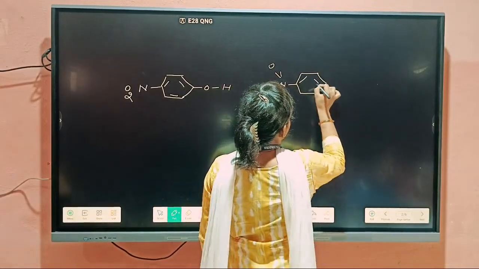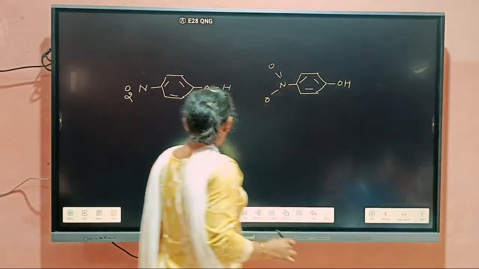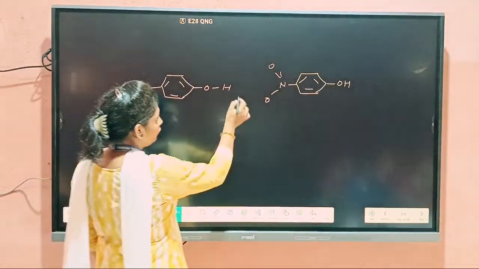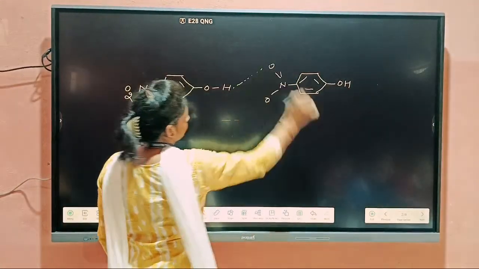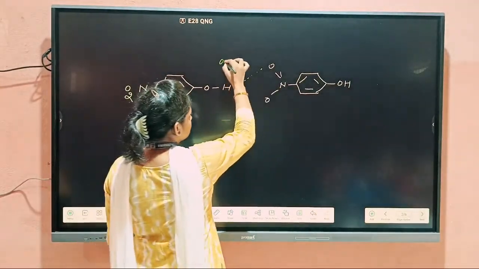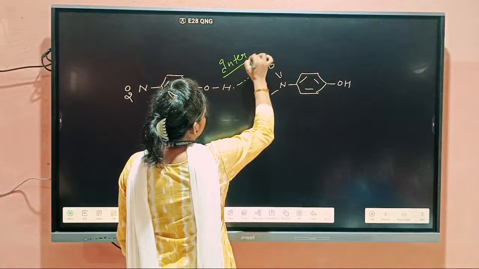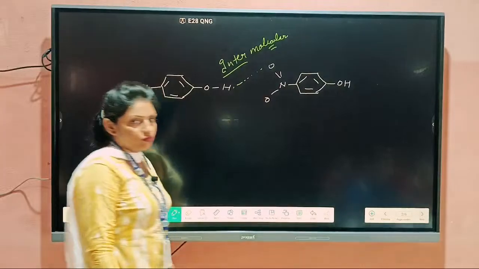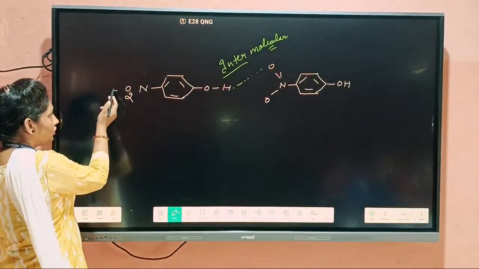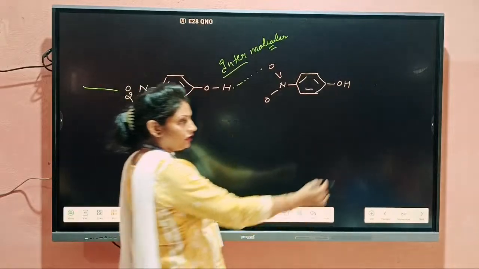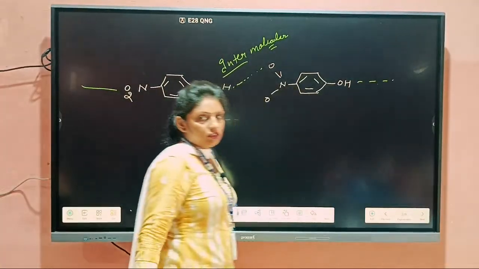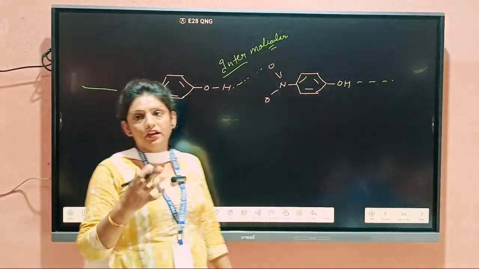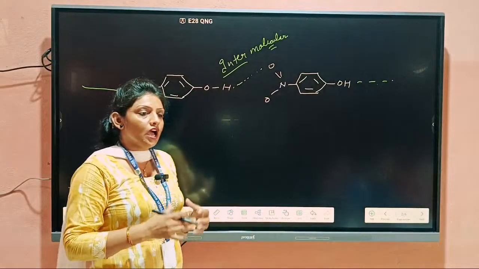So they form intermolecular hydrogen bonding. If hydrogen bonding takes place between different molecules, then it is known as intermolecular hydrogen bonding. It can form hydrogen bonding with other molecules again and again.